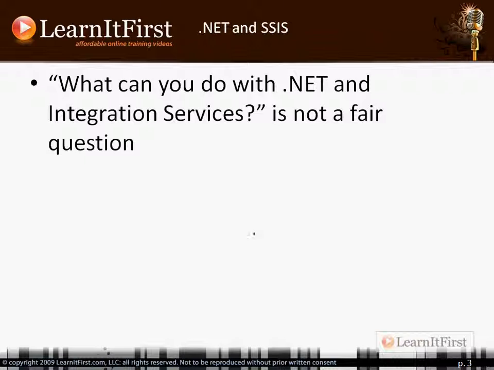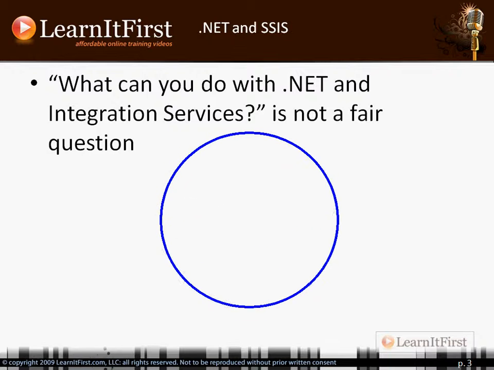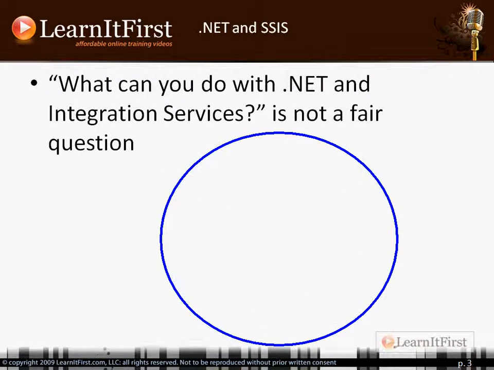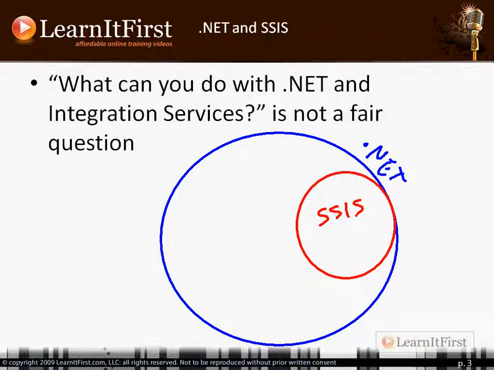I think about it like this. I don't know if I can give this justice or not, but here are all the things that .NET can do. Let's say that blue is the capabilities of the .NET framework. And then here, we'll use red, here are all the things that SSIS can do.